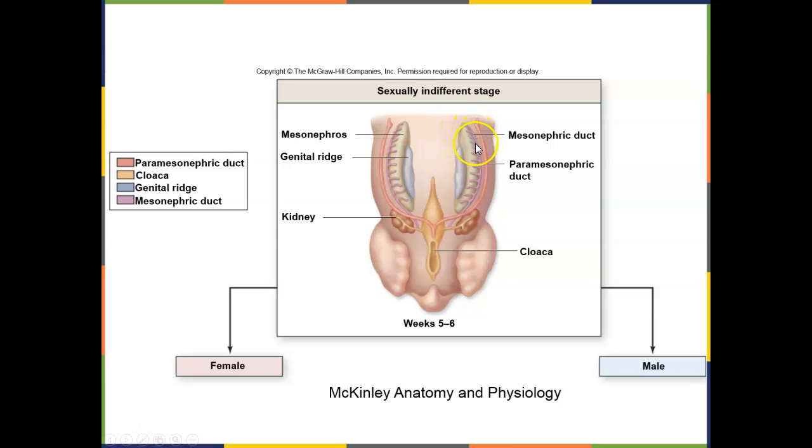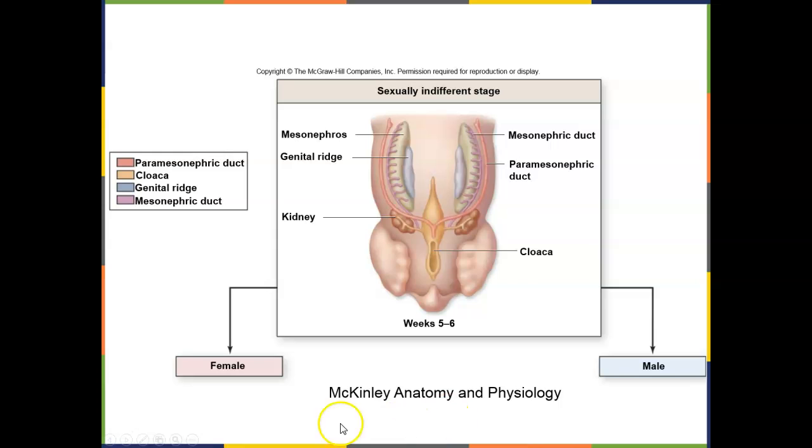Here you can see the lighter pink or purple are the mesonephric ducts, and next to them are the paramesonephric ducts. All embryos have both. One of the ducts will degenerate depending on whether testosterone is released or not.